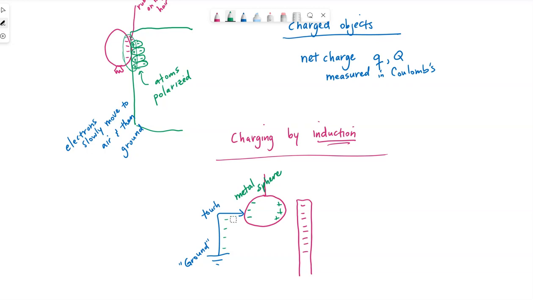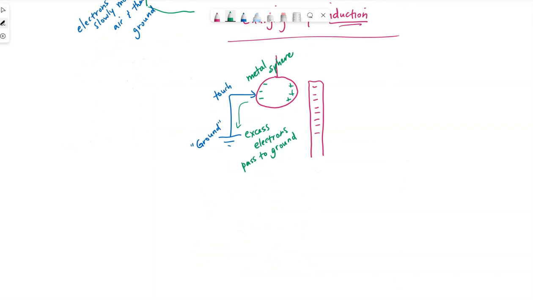And so these excess electrons pass through me to the ground. The result will be this sphere has now lost these excess electrons, and so it has a net positive charge.